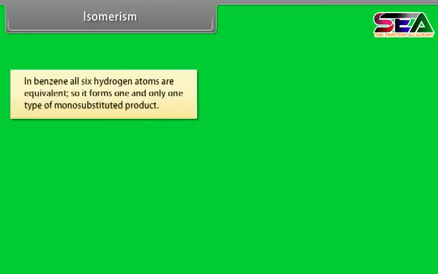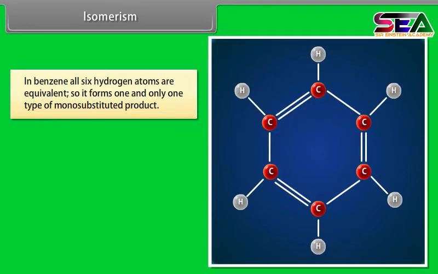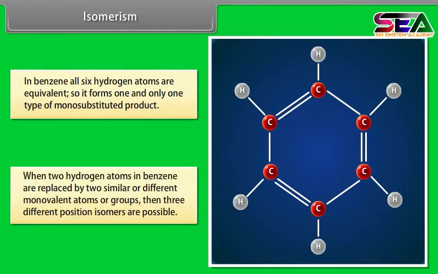Isomerism. In benzene, all 6 hydrogen atoms are equivalent, so it forms one and only one type of monosubstituted product. When 2 hydrogen atoms in benzene are replaced by 2 similar or different monovalent atoms or groups, then 3 different position isomers are possible.